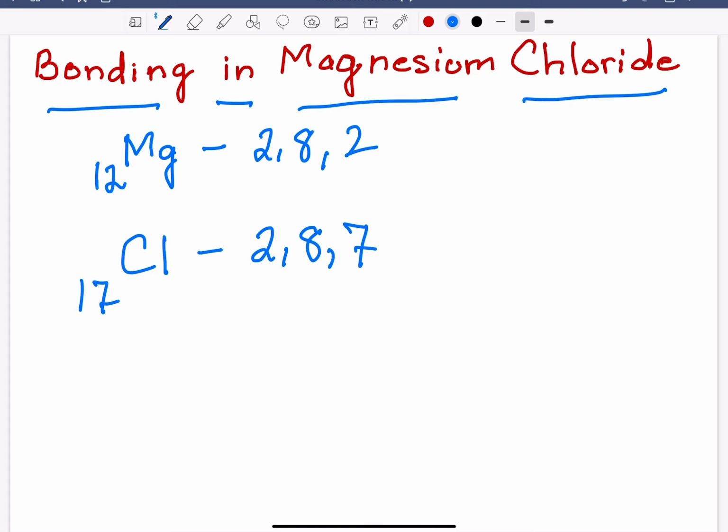Now, if we look at the electronic configuration, we'll see magnesium has 2 electrons in its outermost shell, whereas chlorine has 7 electrons in its outermost shell. So what we observe is that chlorine requires 1 electron to become stable, whereas magnesium can give 2 electrons to achieve the inert gas configuration of 2 and 8.